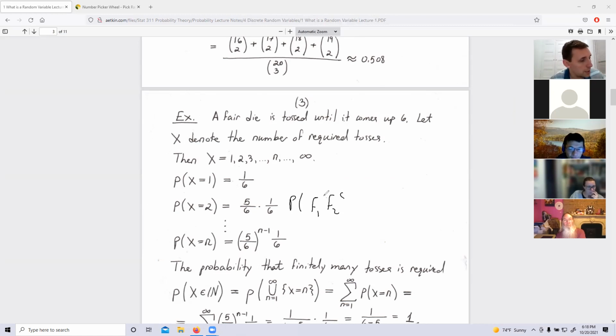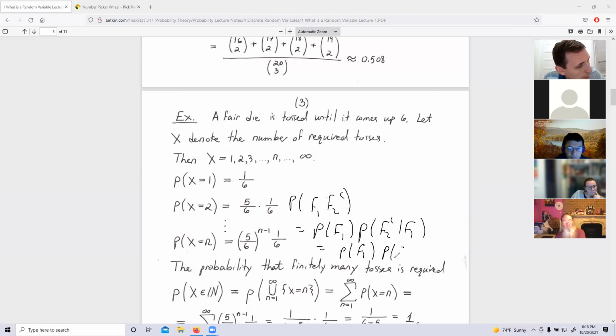And the probability of that is the probability of F1 times the probability of F2 complement given F1. They are independent events. You can clearly see that, right? The probability is not affected there because the outcome on the first die is not influencing the probability. So that's probability F1 times probability F2 complement, right? And the probability of the first die not coming up 6 is 5 out of 6, yes? And that's why I multiply.